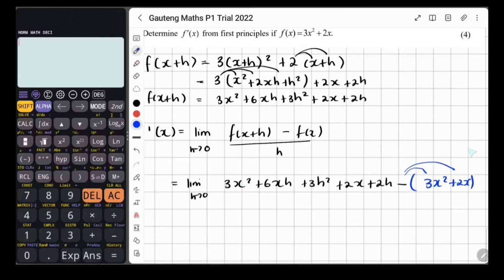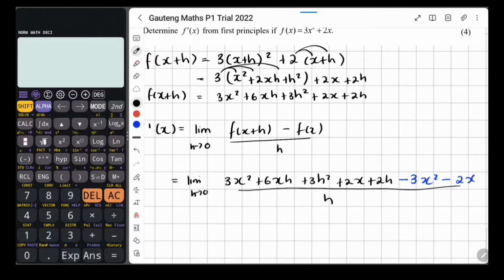Something you could have already done is known that this is going to have a minus and then open brackets, meaning this negative is going to multiply to whatever that was and whatever that was, meaning now you just have a negative 3x squared, and again multiply that by that same negative, negative 2x. So just always multiply those by a negative if you want to avoid putting brackets and FOILing in. Okay, then we have over, we have h.